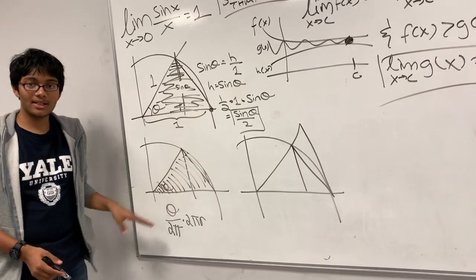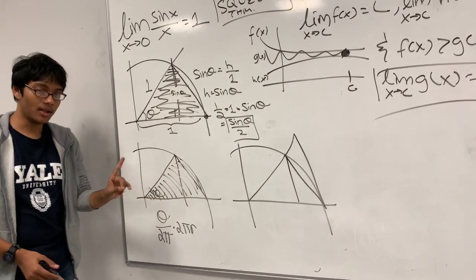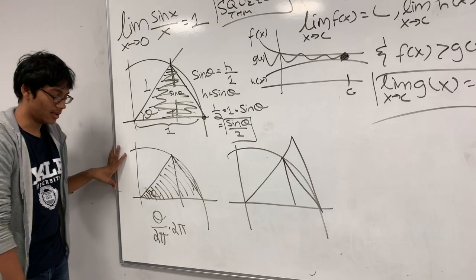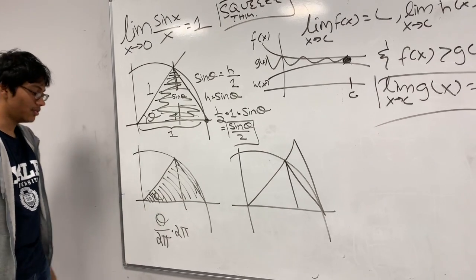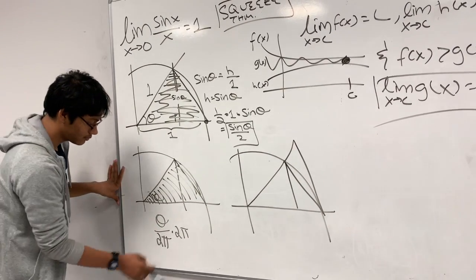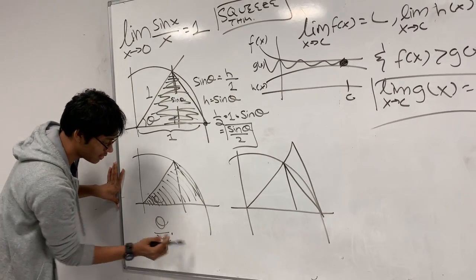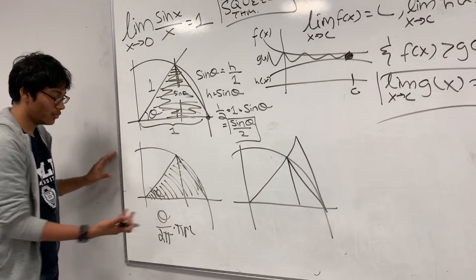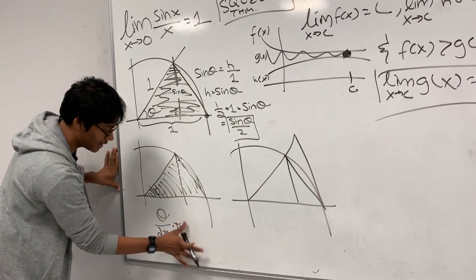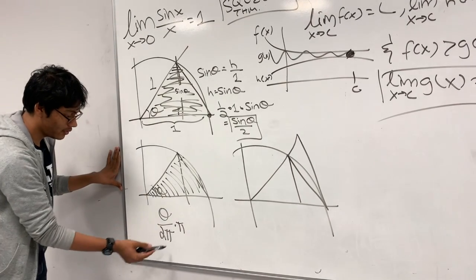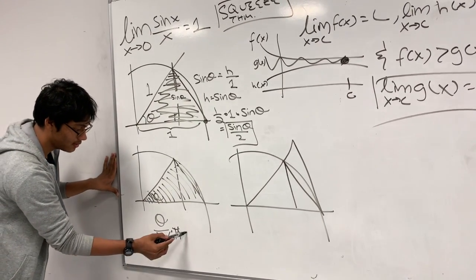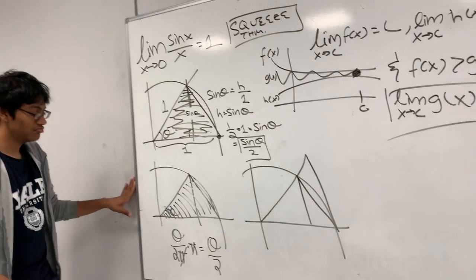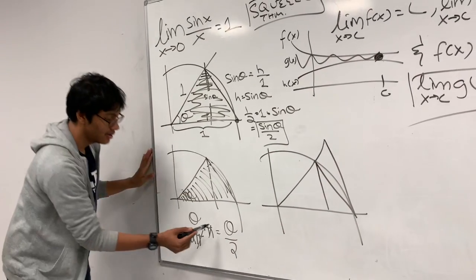Here we know that the radius of the unit circle is 1, and 1 squared is 1. So that leaves us with pi. And if you cancel these out, you'll simply get theta over 2. So that's the area of this sector, theta over 2.